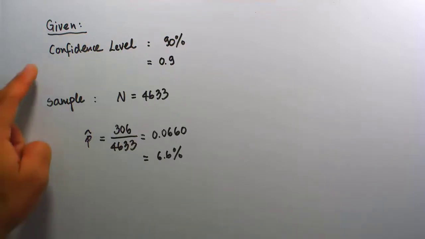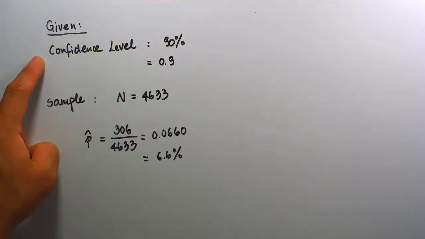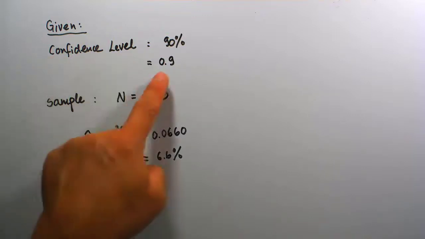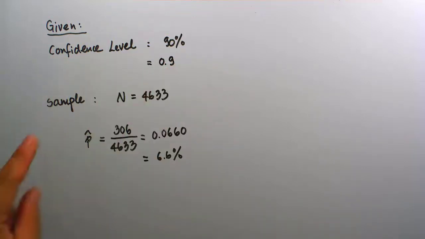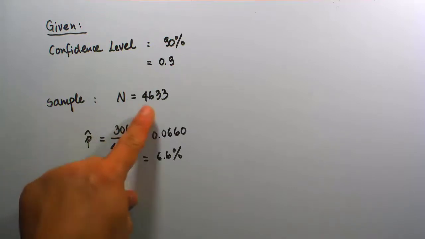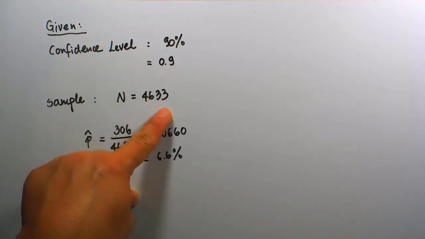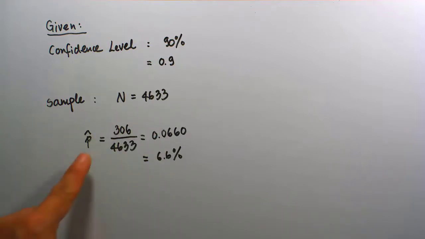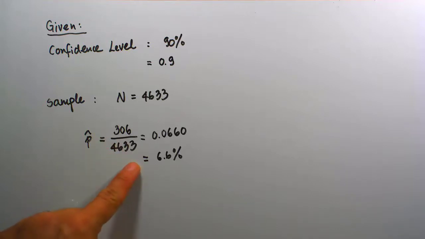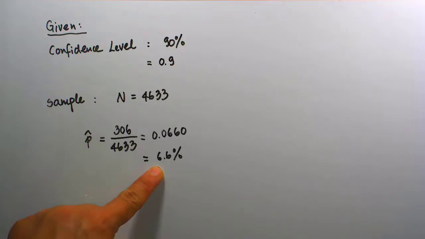And so, really, that's everything we have as far as given information. Confidence level being 0.9 or 90%. We use a sample out of 4,633 residents being tested. We found a proportion of COVID-19 positive being 306 out of 4,633 test results, and that came up to a proportion of 6.6%.